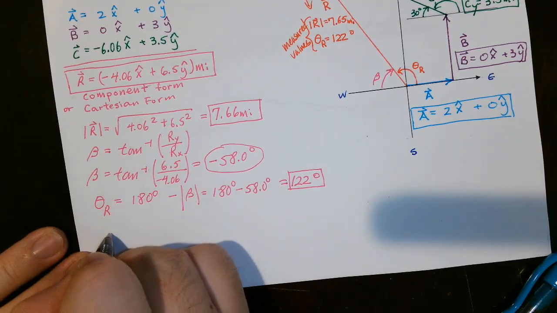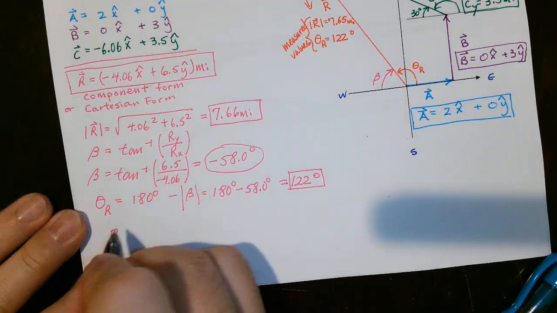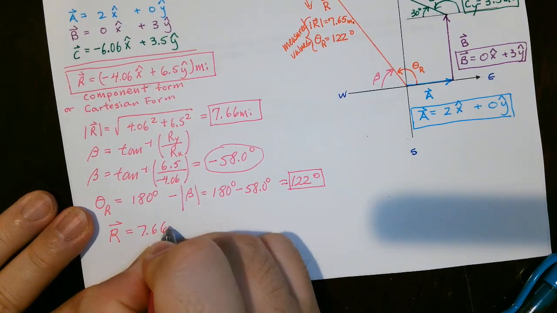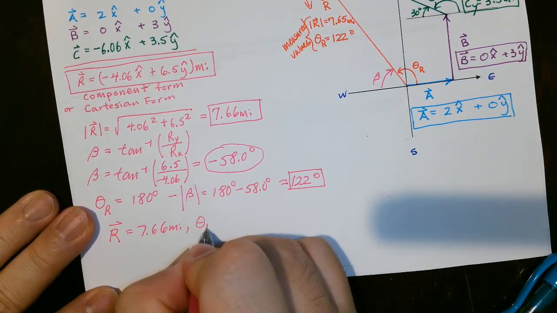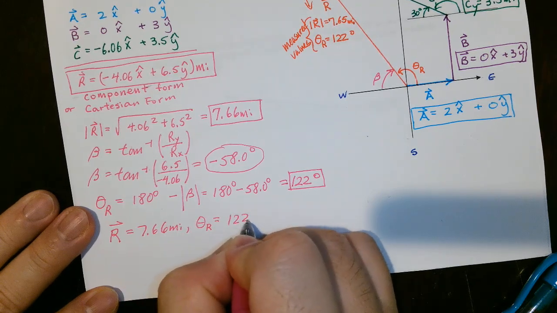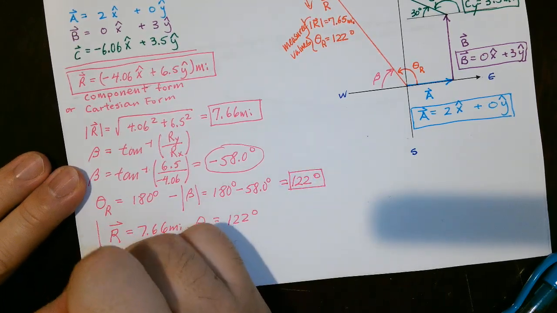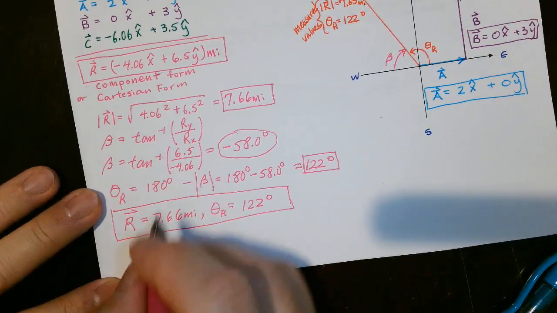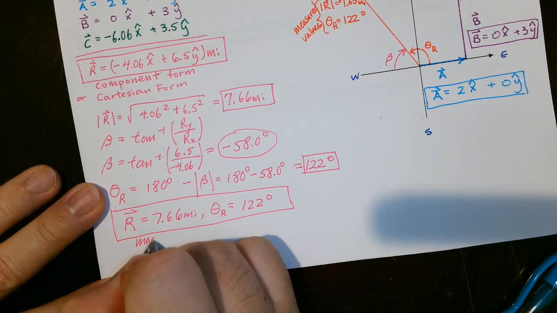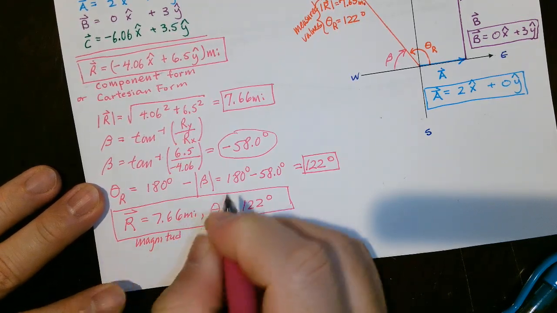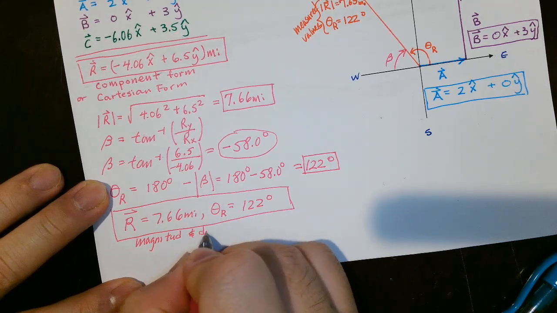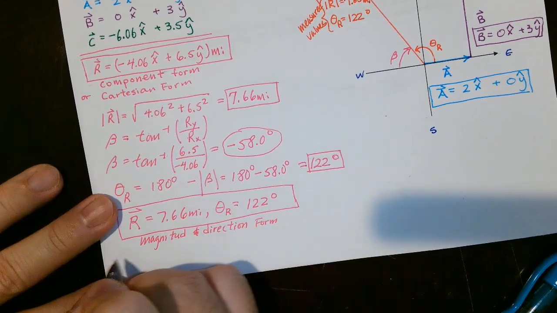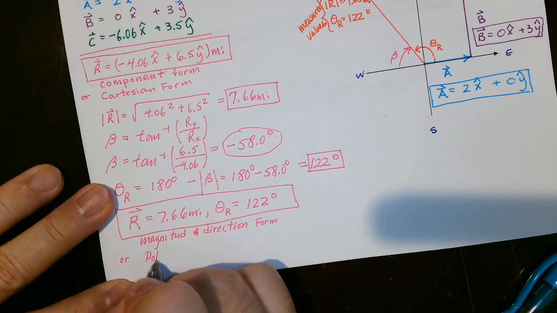So my r, if I were to represent that in polar form, is 7.66 miles, comma, the direction theta r is 122 degrees. This is the magnitude and direction form, otherwise known as the polar form.